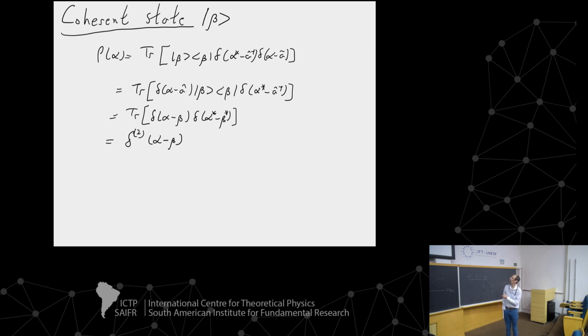But you can take the trace of your rho times delta of alpha star minus A dagger, delta of alpha minus A. You have this delta function involving c-numbers and operators. And using this definition of the delta function, you can take the trace of this, which maps you to the P function, the Glauber-Sudarshan P function.